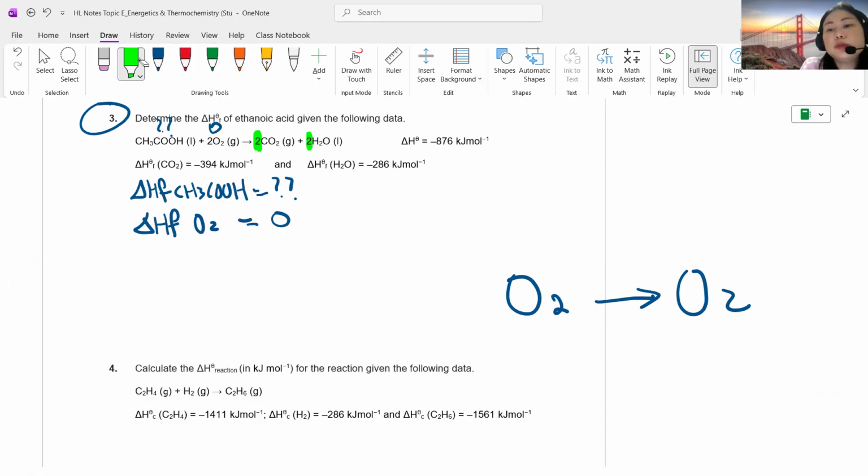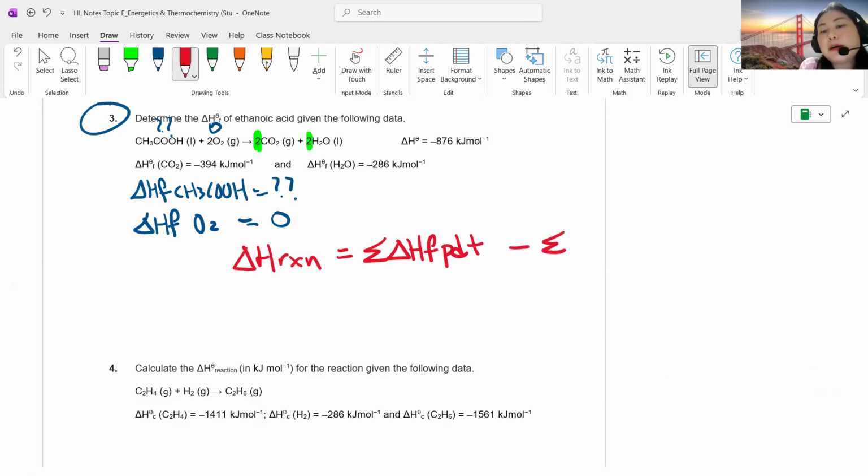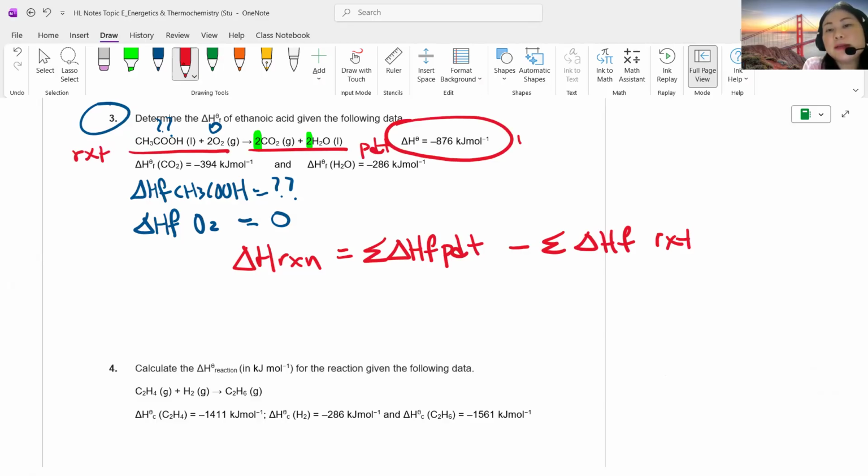All right, so can you still remember the mathematical formula? ΔH reaction is equal to the sum of the ΔH formation of products minus the sum of the ΔH formation of reactants. This side is called product and this side is called reactant. The reaction is given, so I'll substitute the value: minus 876 is the reaction, equal to product.